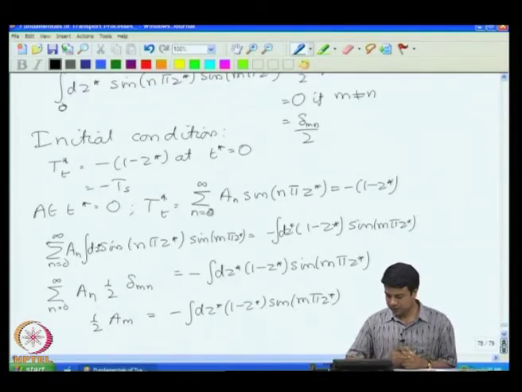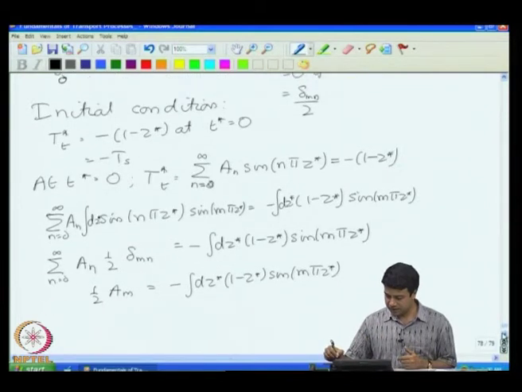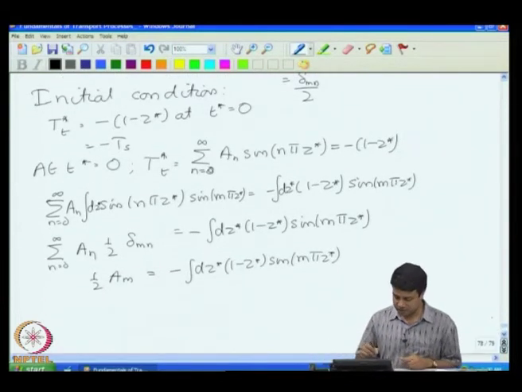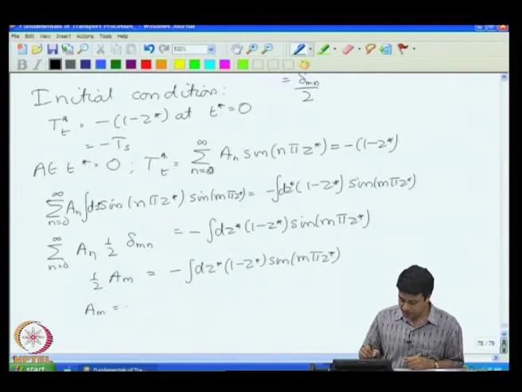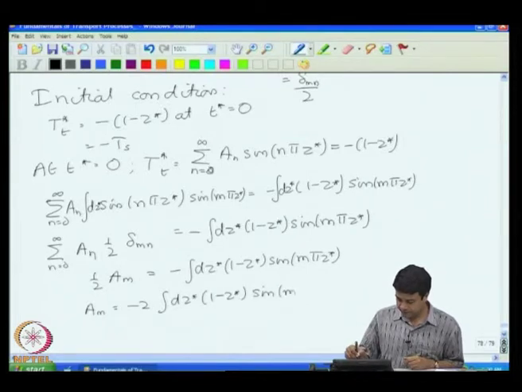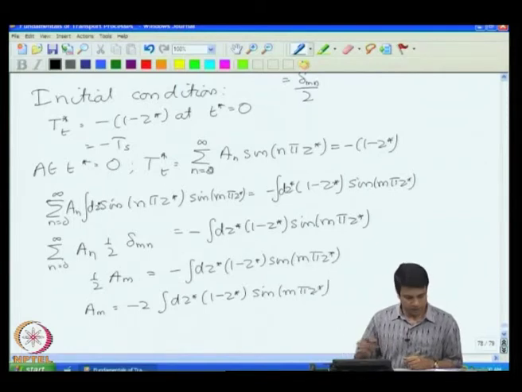So, this now gives us each and every one of the constants in that expansion. So, a m is equal to minus 2 integral d z star of 1 minus z star times sine of m pi z star.